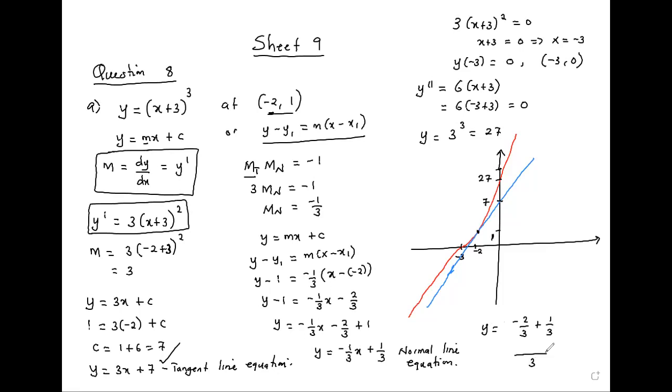That's going to be 3 times -2 plus 1, which is equal to -1/3. So something is not right with this equation, because this point must come out when you substitute -2 there.